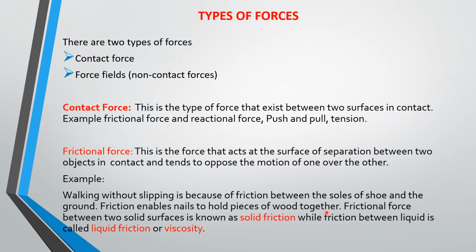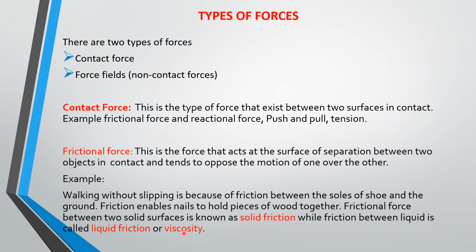So friction can exist in solids or in liquids. The frictional force between two solid surfaces is known as solid friction. So the frictional force between the block of wood and the table is called solid friction, while friction in liquid is called liquid friction or viscosity. Viscosity is friction in fluid.